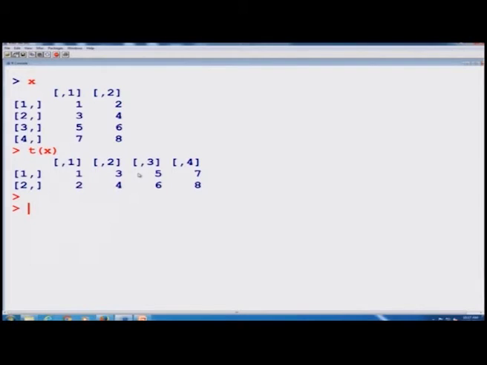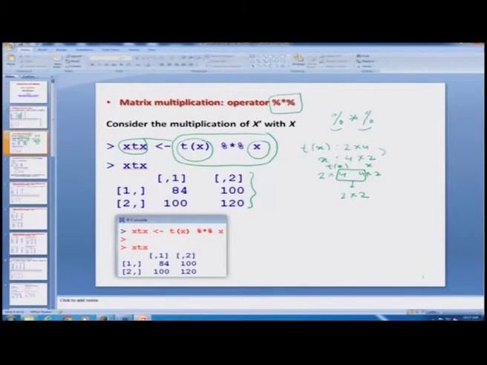Now I am trying to multiply the transpose of X by X using the matrix multiplication, and you can see this comes out like this. Similarly, if you take any two matrices whose orders are well defined for matrix multiplication, you can get the same outcome.